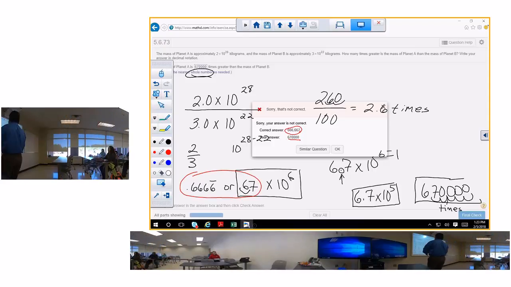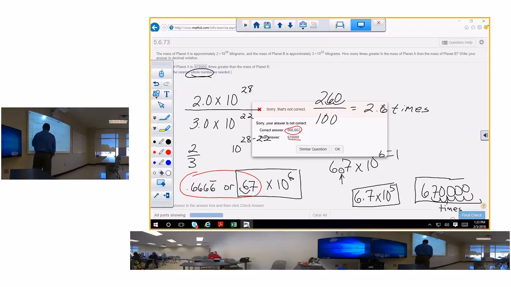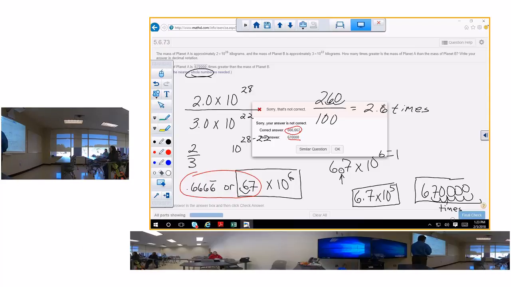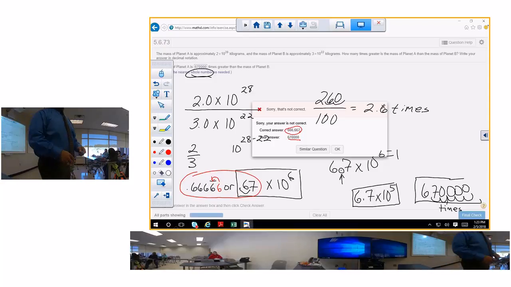Now it does say to the nearest whole number, but I thought that's what I was doing right here, but I should have left it like this, because then it would be 666,667, because this would bump that up to a 7, and then it's no big deal. Okay?